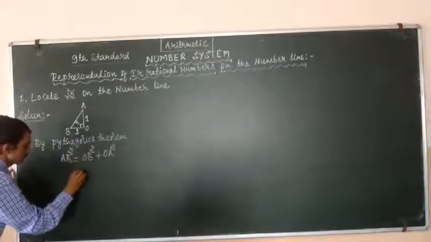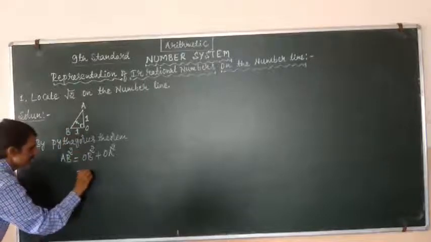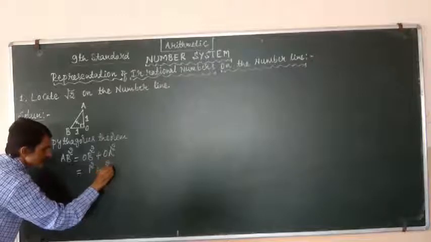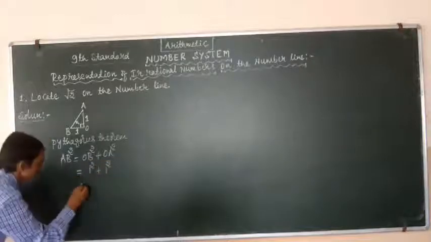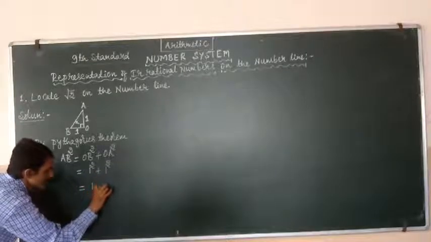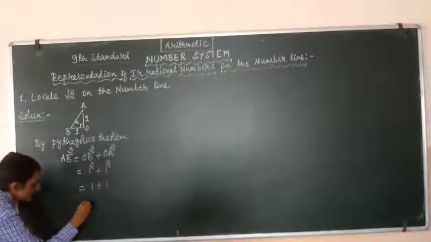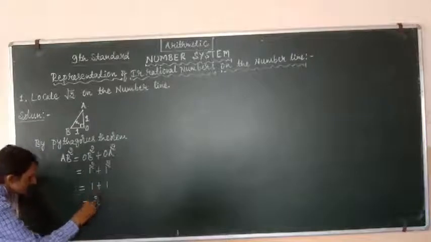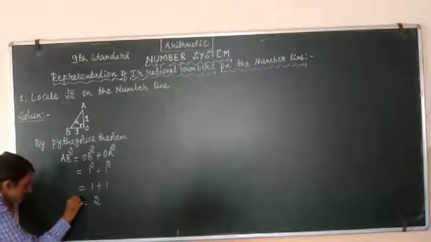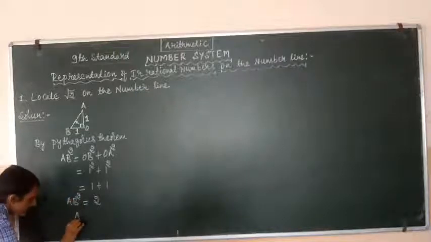Now substitute the values. OB is 1 squared plus OA is also 1 squared. Simplify it: 1 ones are 1, plus 1 ones are 1, which equals 1 plus 1, 2. AB square equals 2.